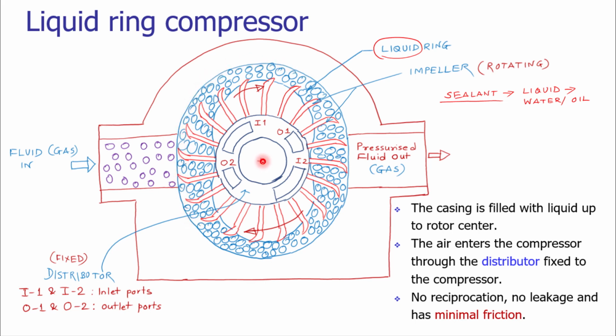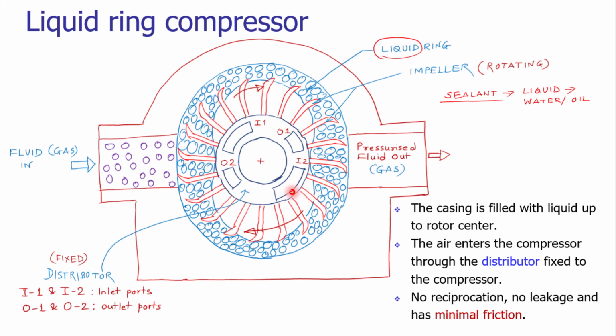Inside this cavity, we are having a shaft, and on the shaft we have mounted an impeller. A set of impellers are mounted, and these impellers are rotating about this axis. The shaft is rotated by an electric motor, and as the shaft is rotating, the impellers are also rotating.